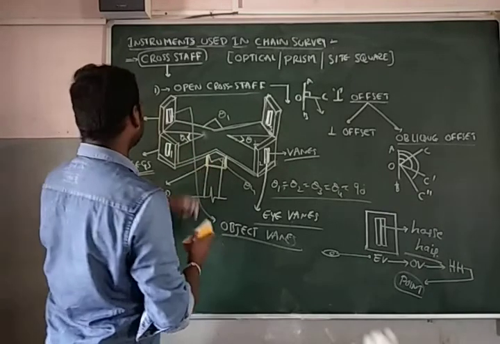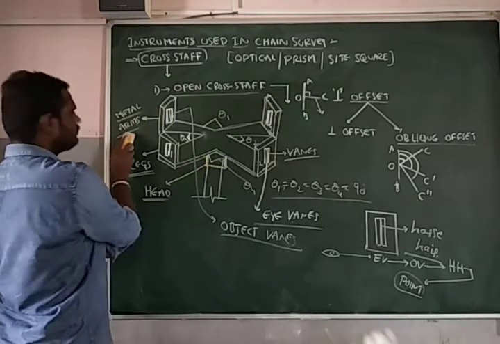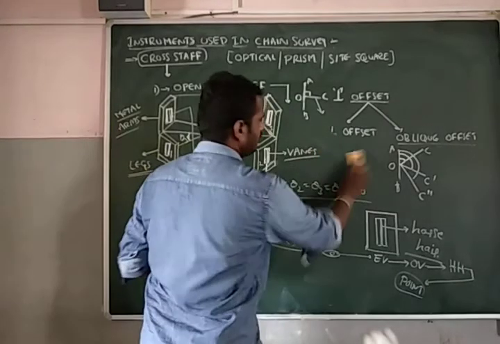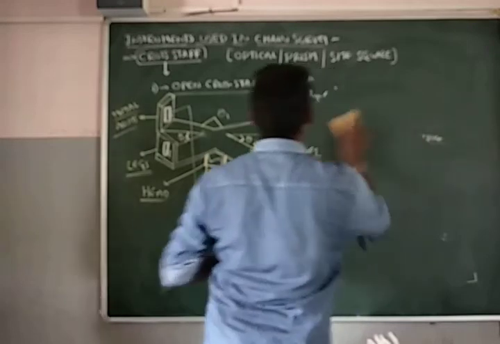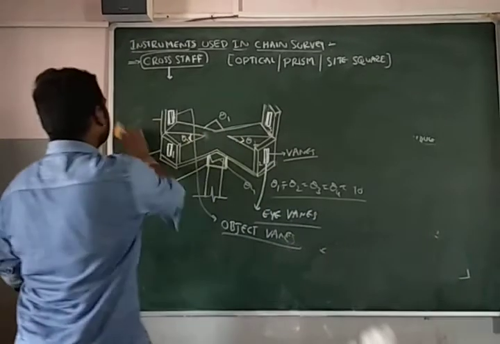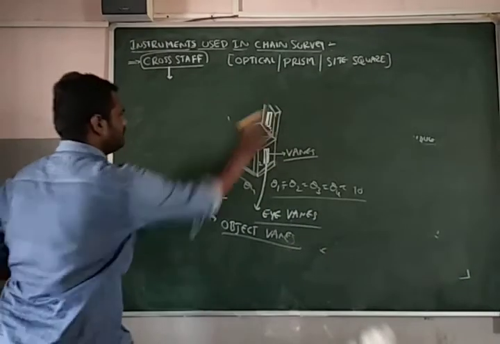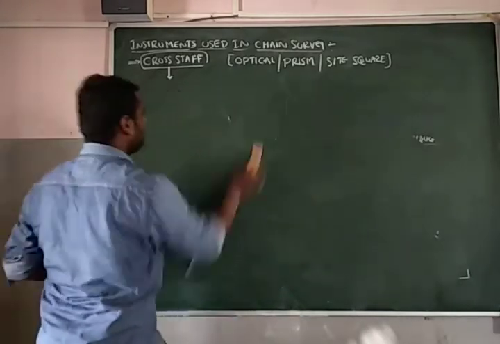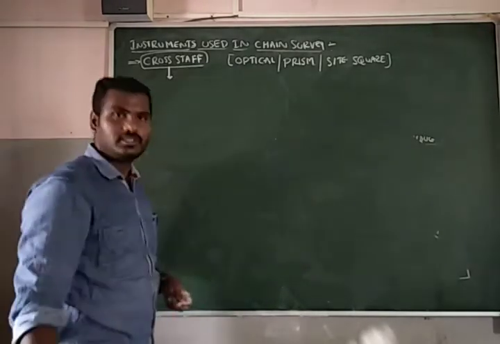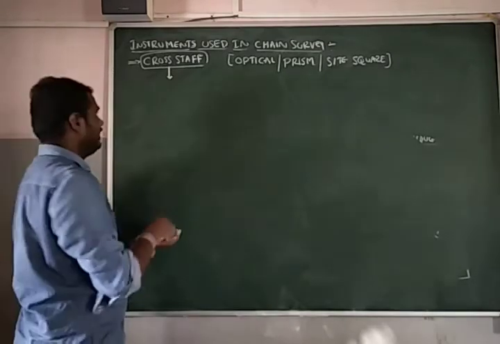So next we will see the second type of cross staff. That is the French cross staff. French cross staff is really very useful to set out two different angles.